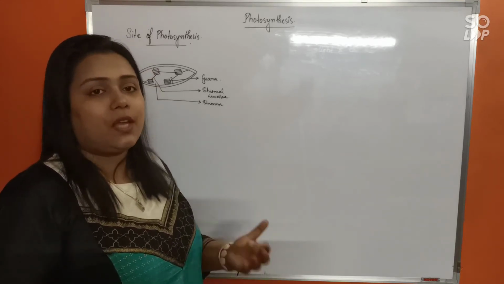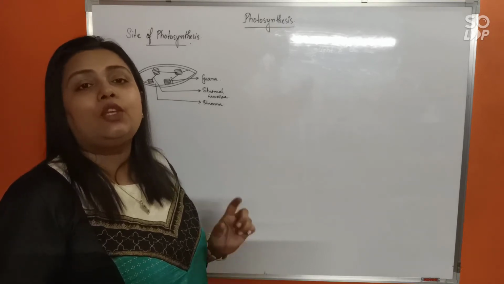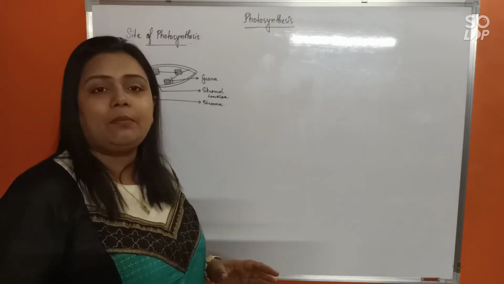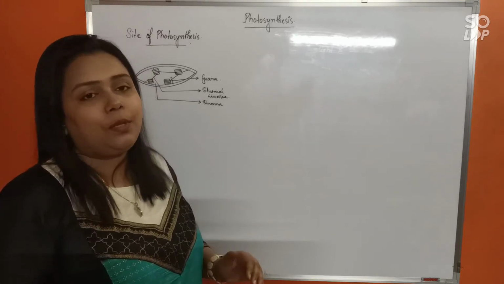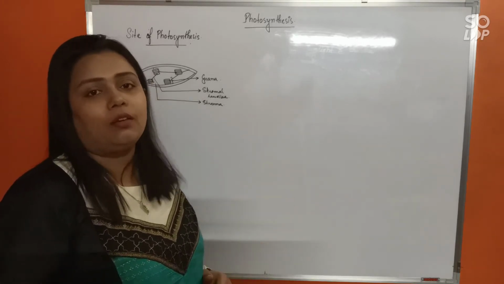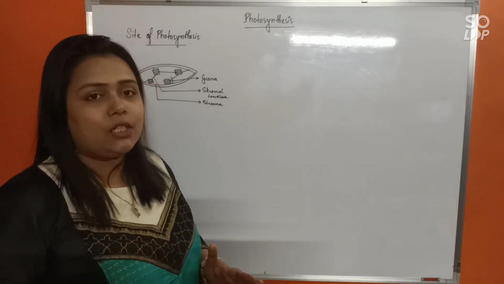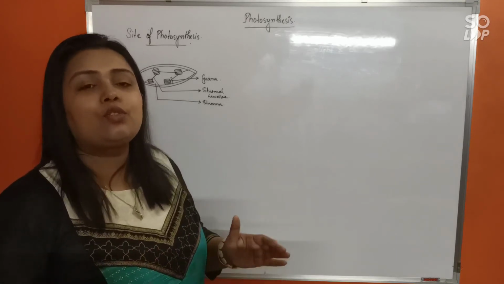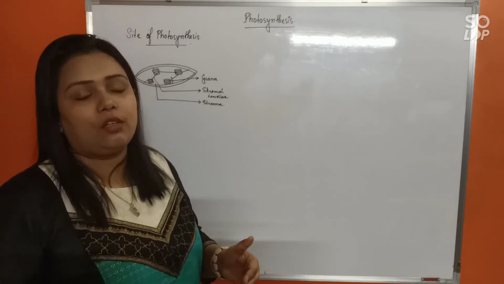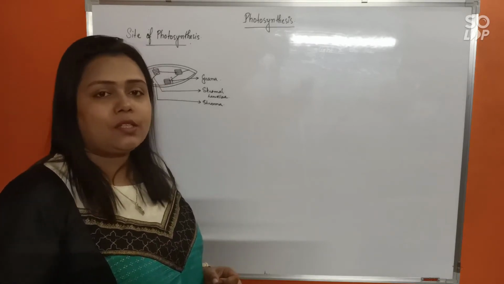Dark reaction is the second phase, in which, using the ATP and NADPH which is already formed, carbon dioxide would be converted into sugar. Alright, understood this? So light reaction is for making energy molecules, and dark reaction is to finally use those energy molecules to form sugar. Understood this?